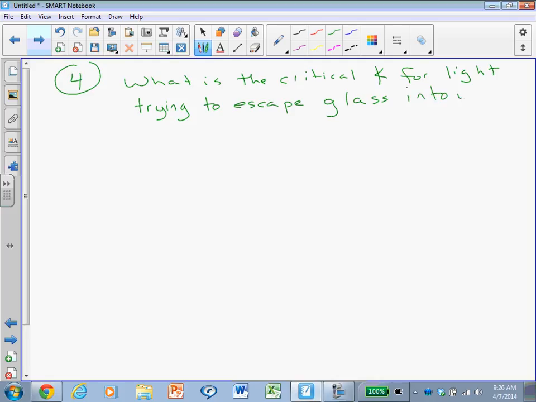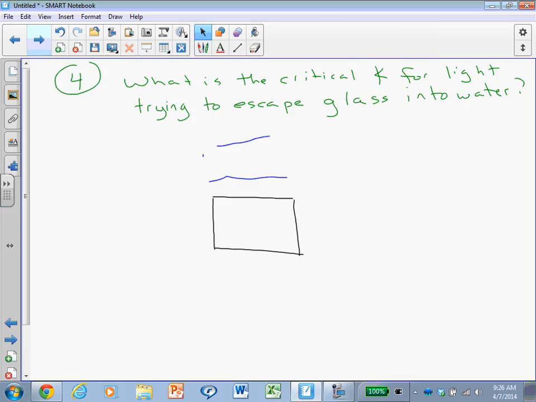Typical thing: you'd have a block of glass floating in water, right, and a light source coming out of it.